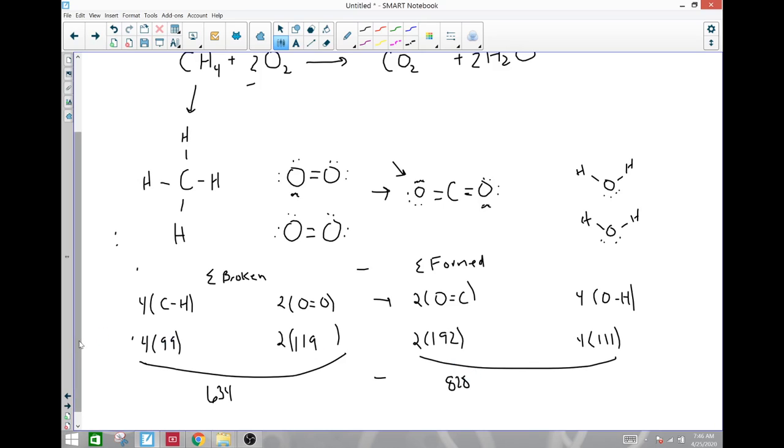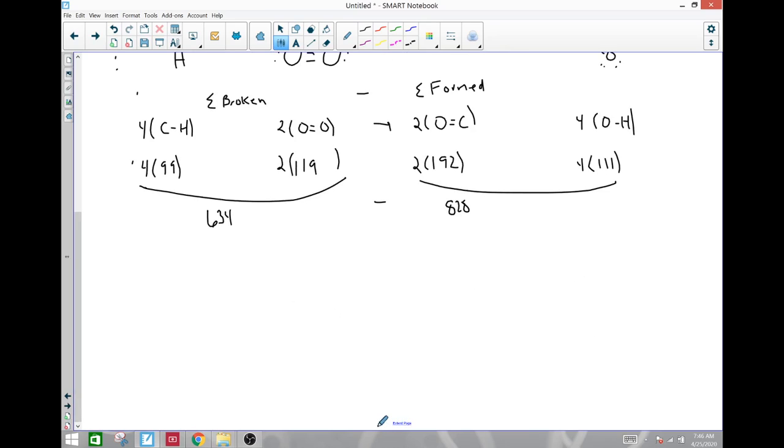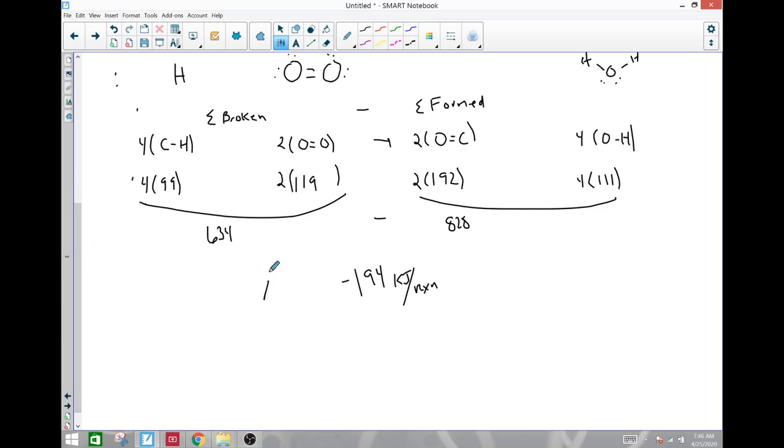All right, and in the end here, what do we get for our final subtraction? 634 minus 828 equals negative 194. And this is going to be in kilojoules per reaction cycle. We did it for just the one reaction cycle. We added up all the individual moles for each one of these guys, 2 of these and 2 of those, just 4. Anyway, so this is my delta H.